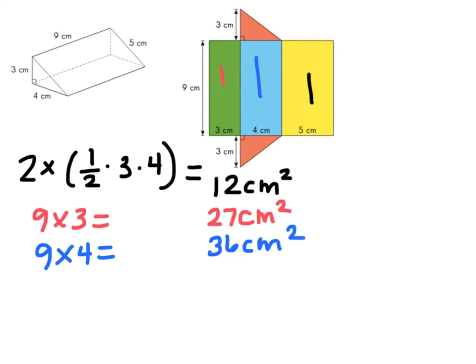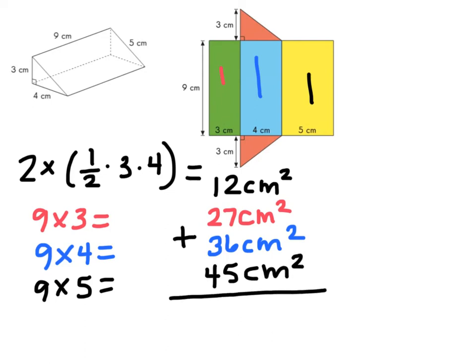And finally, let's look at this yellow rectangle, which has a length of 9, a width of 5, for a total of 45 centimeters squared. The surface area of our triangular prism will be the sum of these 4 numbers, which equals 120 centimeters squared.